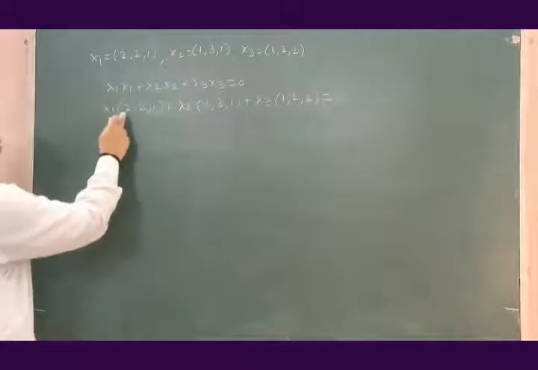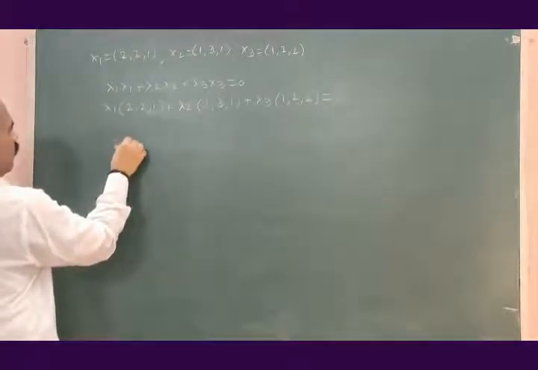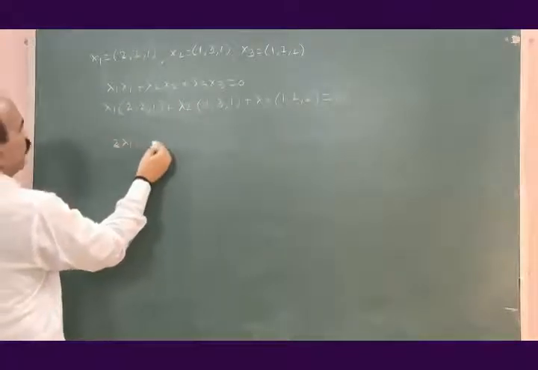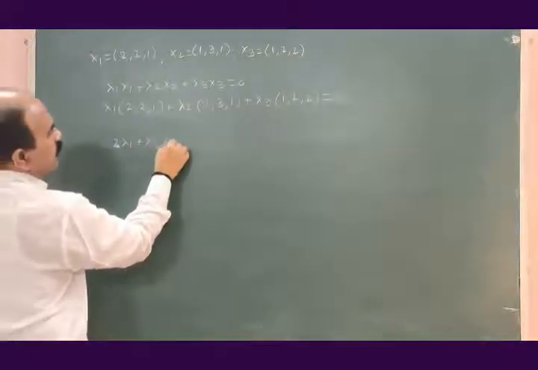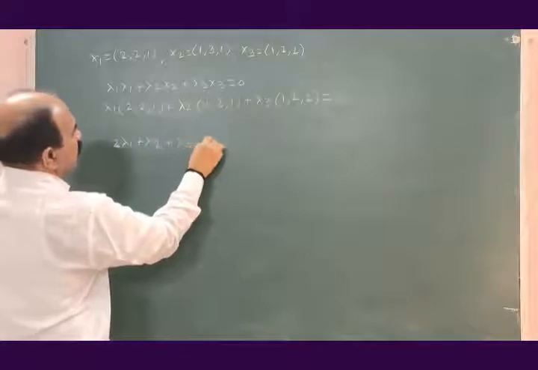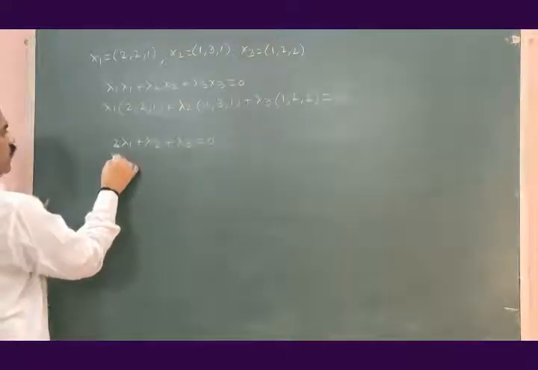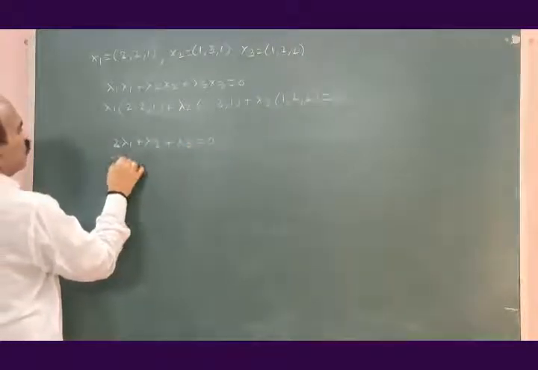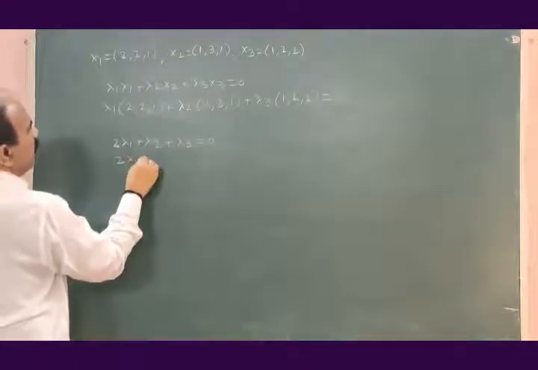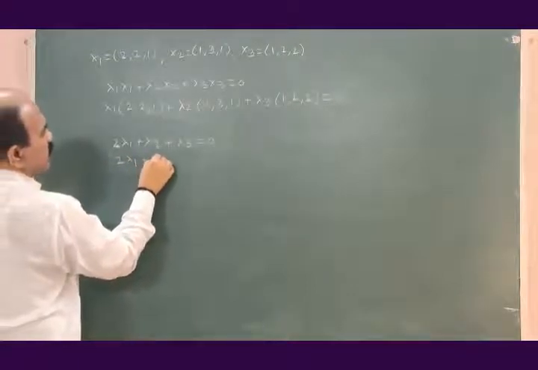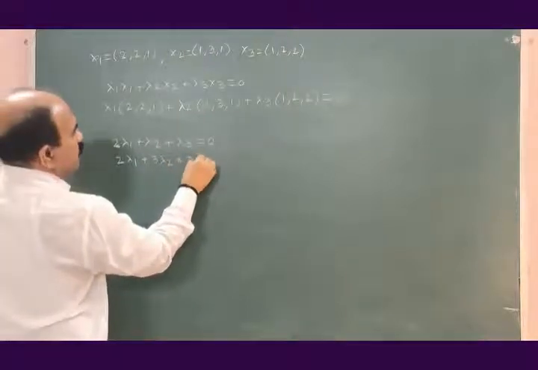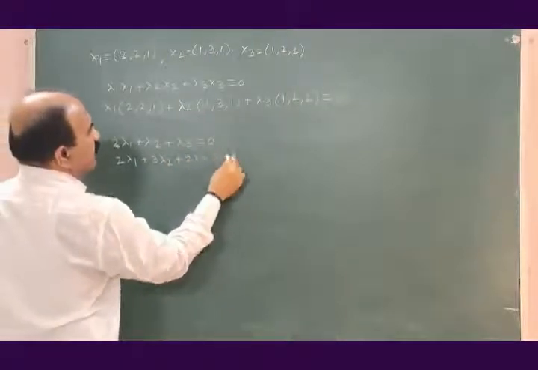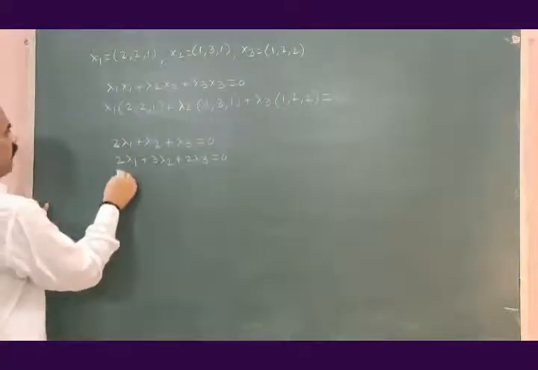This will be 2 lambda 1 plus lambda 2 plus lambda 3 is equal to 0, 2 lambda 1 plus 3 lambda 2 plus 2 lambda 3 is equal to 0.